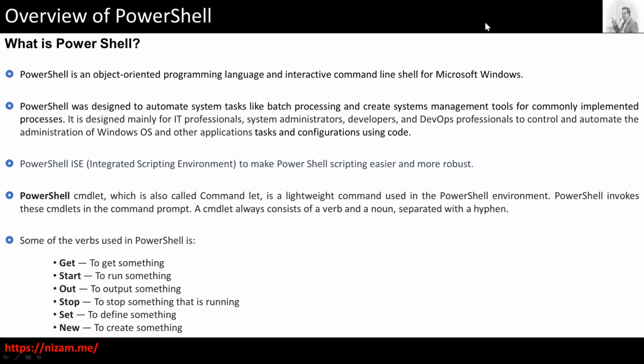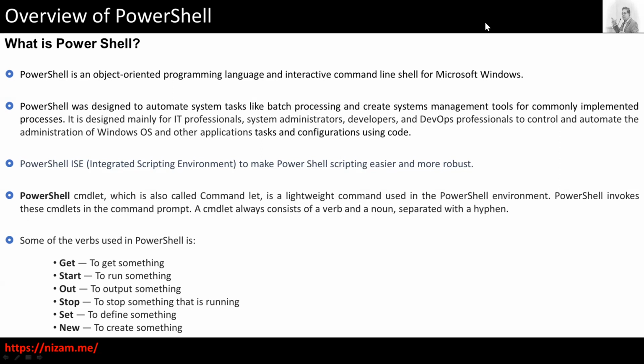Most PowerShell commands, if you look at the syntax, start with a verb. As examples: get, start, out, stop, set, new. These are all verbs. Get means get something, start means to run something, out means to output to some place or some file. Stop, and set, when I want to set some parameter, we use the set command.